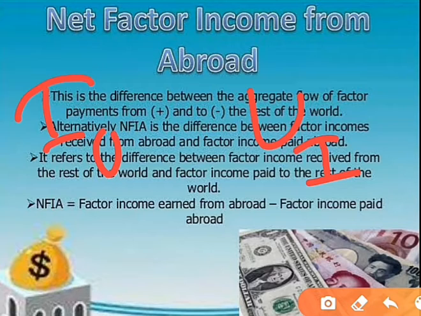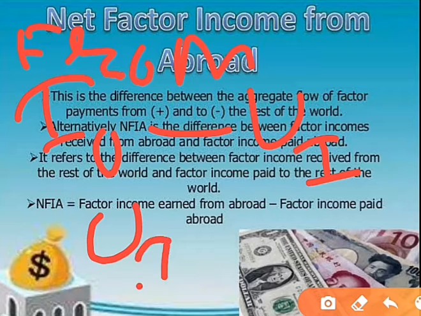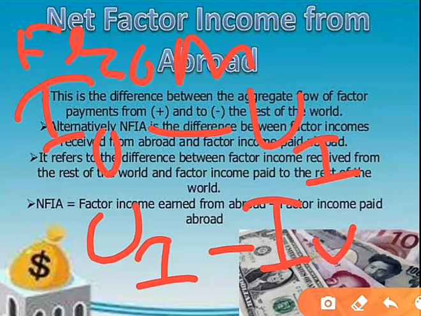When Indian income is more than the USA's income, then definitely this net factor income is known as from abroad. And in the same case, when USA's income is more than Indian income, whatever in India and outside India, this NFIA is known as to abroad.